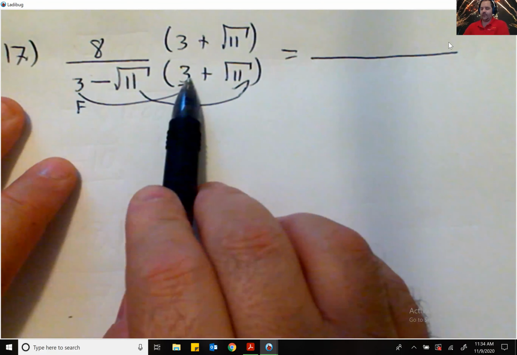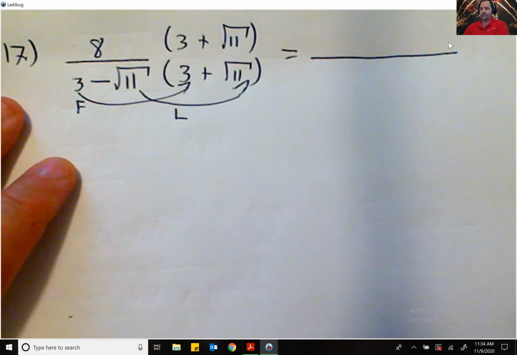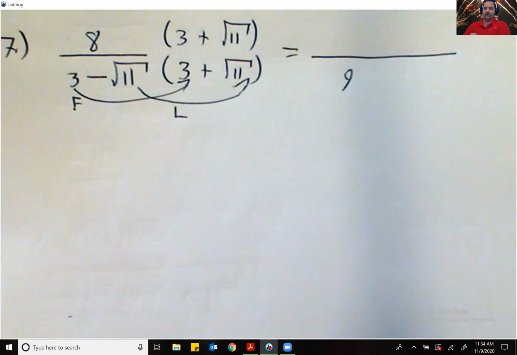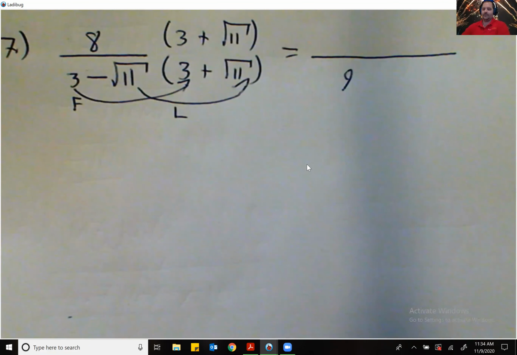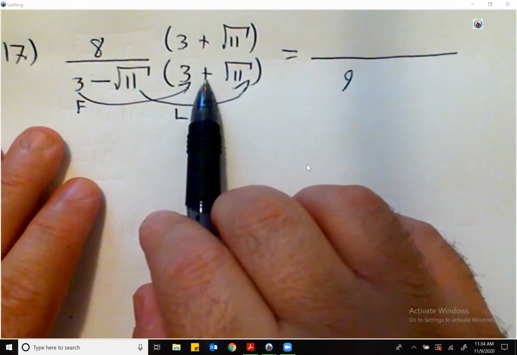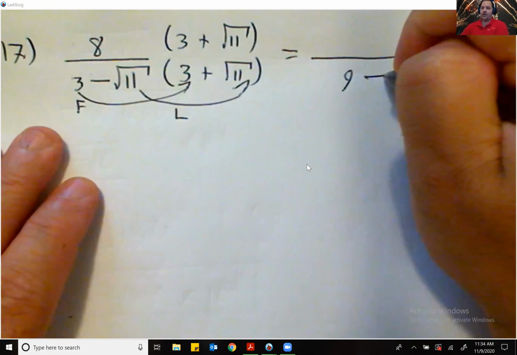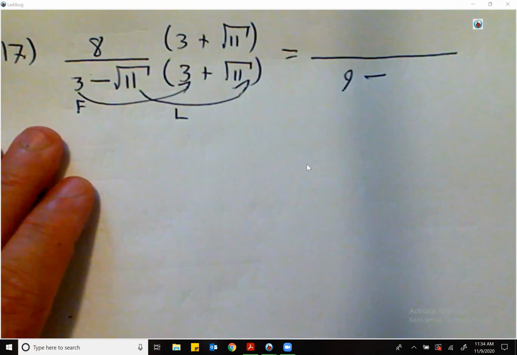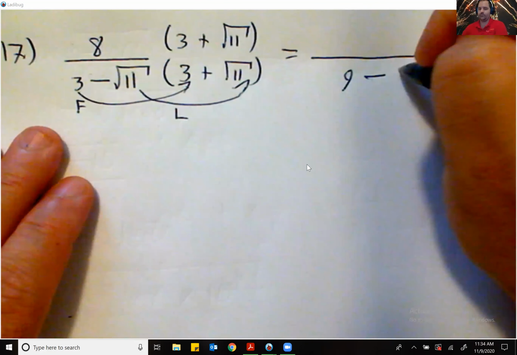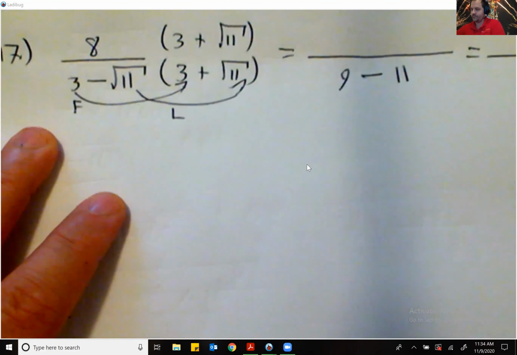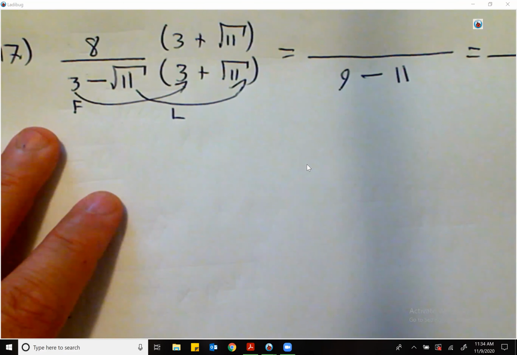So what's 3 times 3? 9. What is a negative times a positive? A negative. And what is the square root of 11 times the square root of 11? Just 11, because they're the same. And 9 minus 11 gives us negative 2.